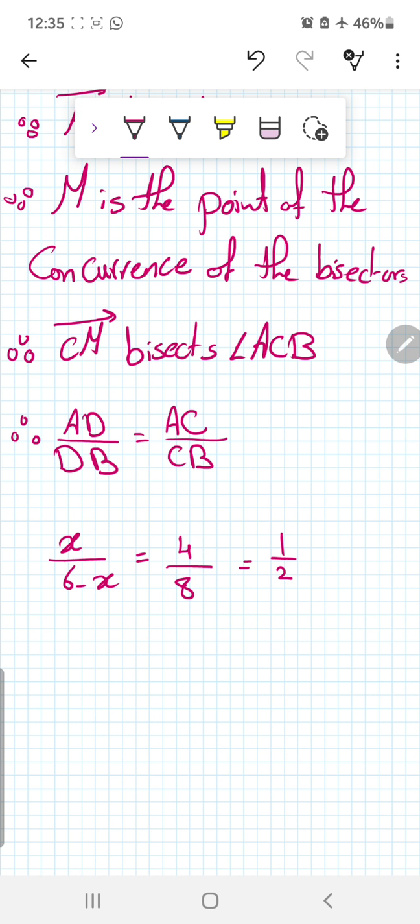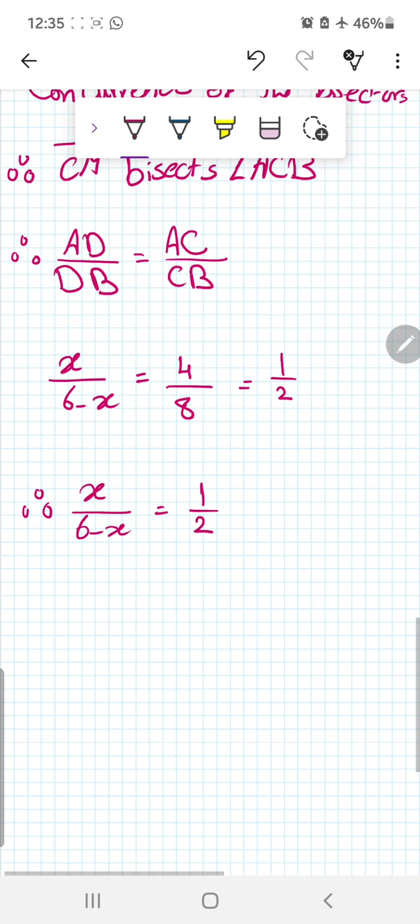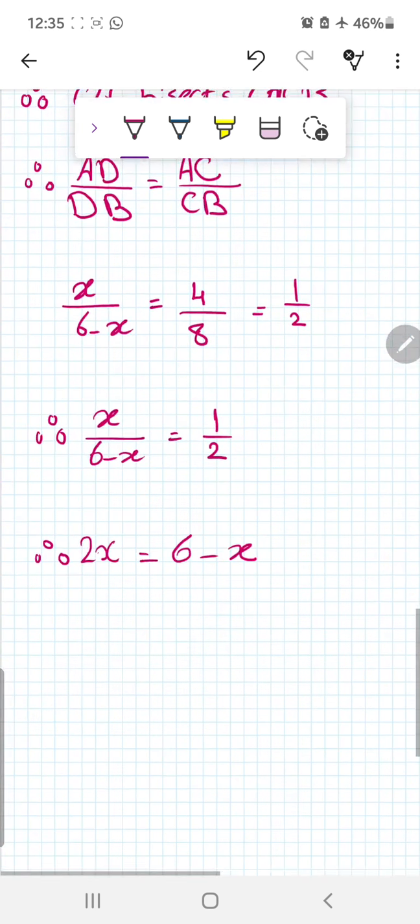I will write it again: X over 6 minus X equals half. Cross multiplication: X times 2, which is 2X, equals 6 minus X times 1, which equals itself.